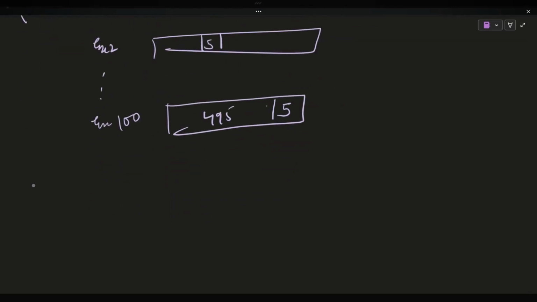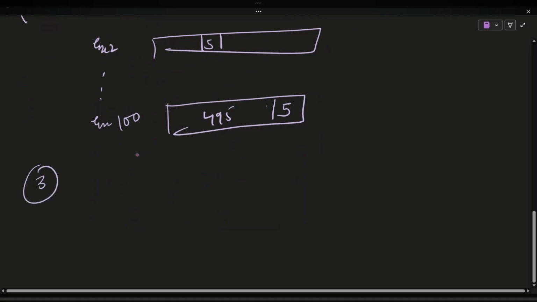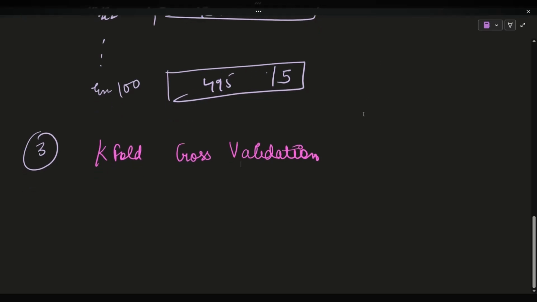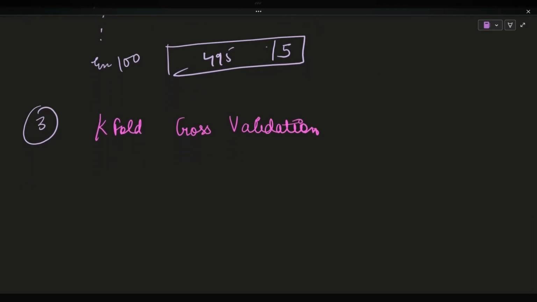Then comes the one you should know in detail, that is k fold cross validation. K fold cross validation means that you will decide the value of k and split the data into k parts, and then you will train on k minus 1 parts and validate on the remaining 1 part.